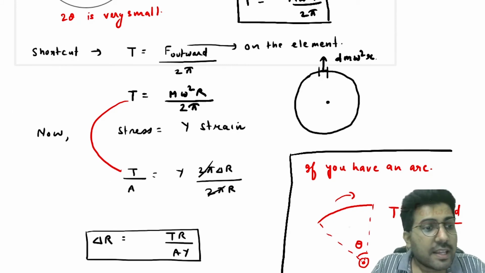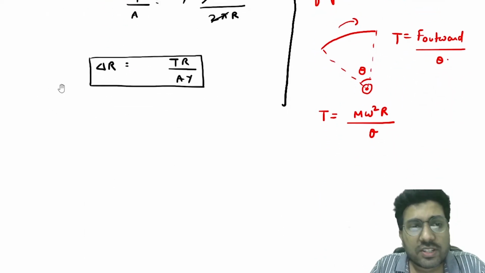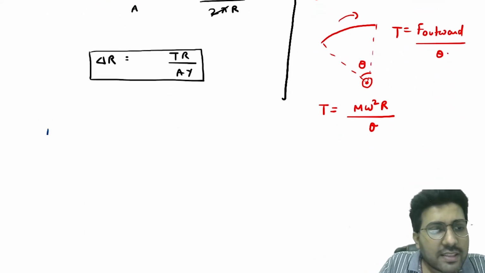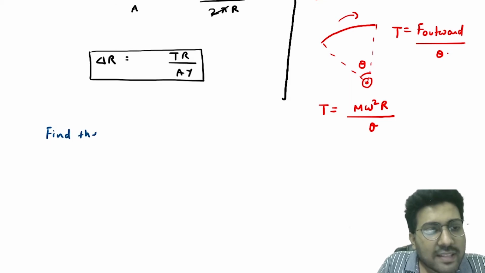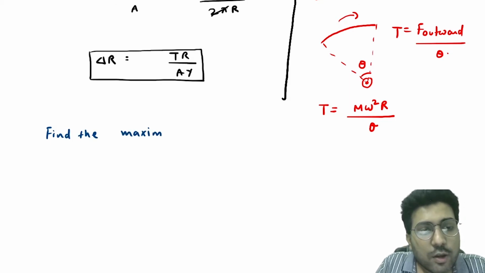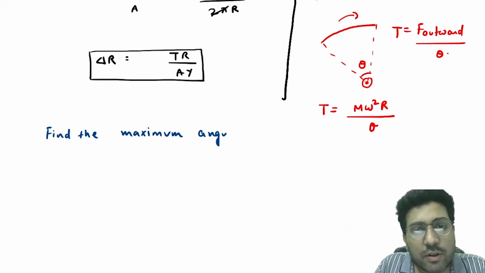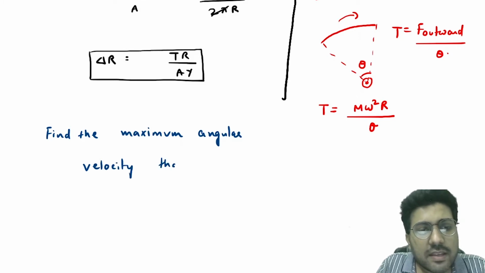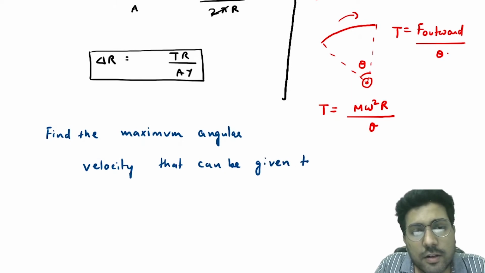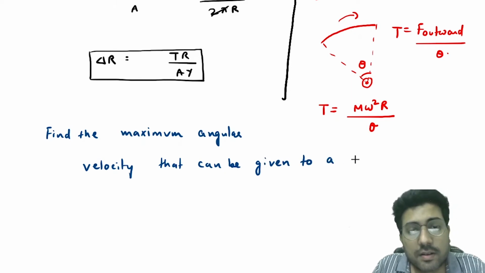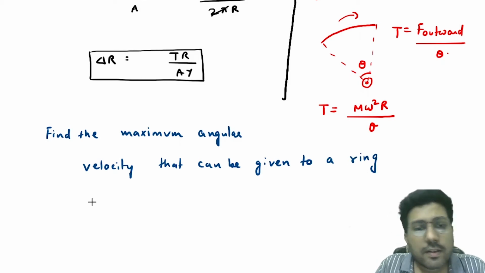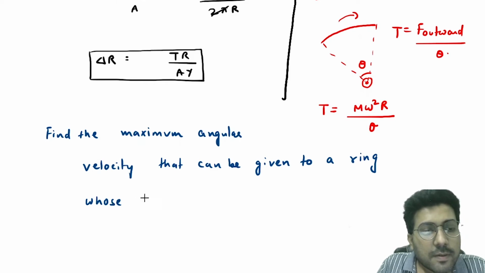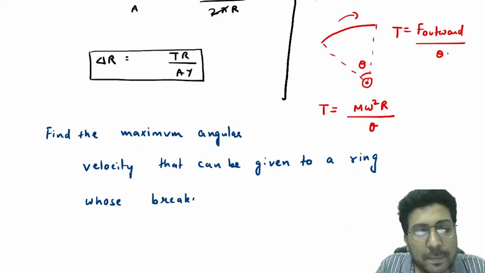Okay, in this case they can also ask you one more question, that is, find the maximum angular velocity that can be given to a ring whose breaking stress is sigma.